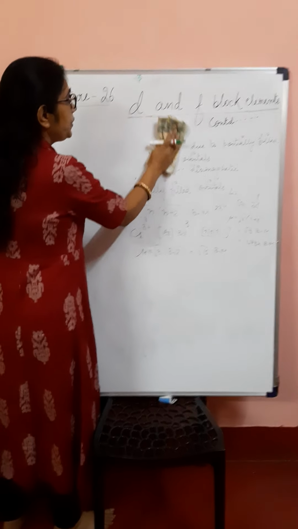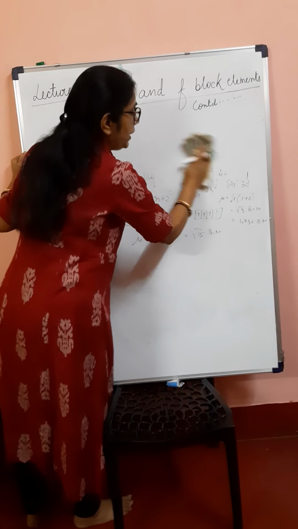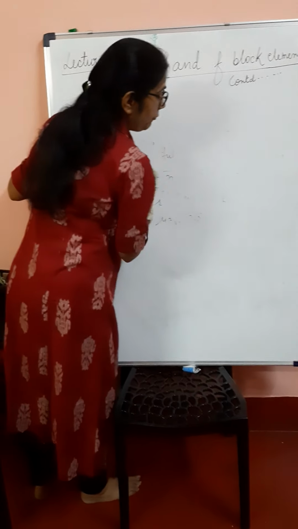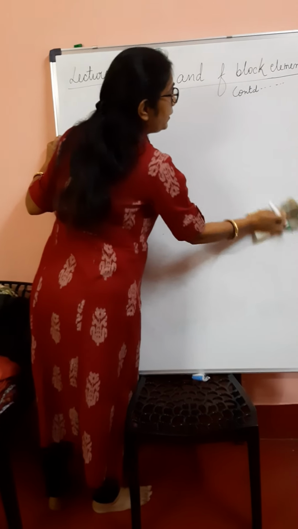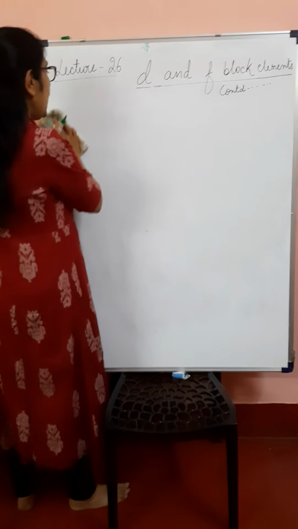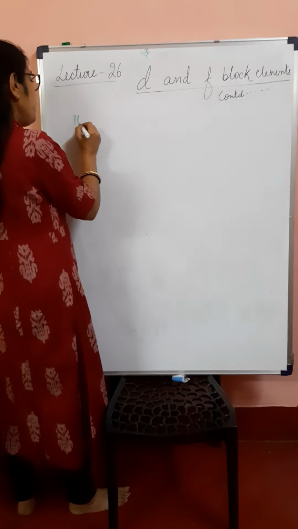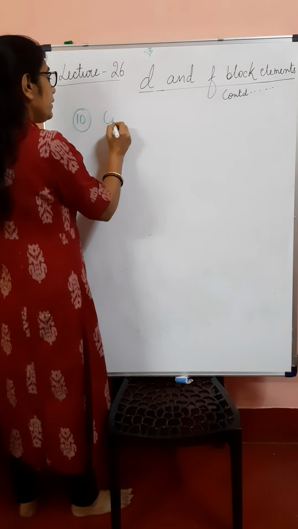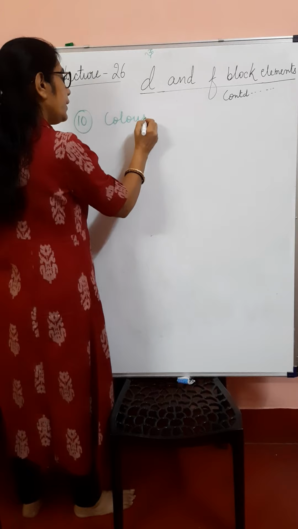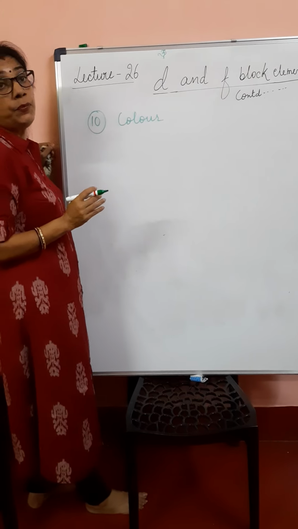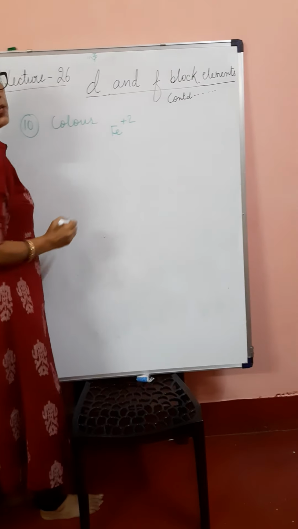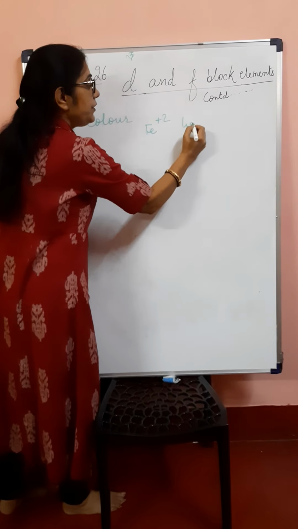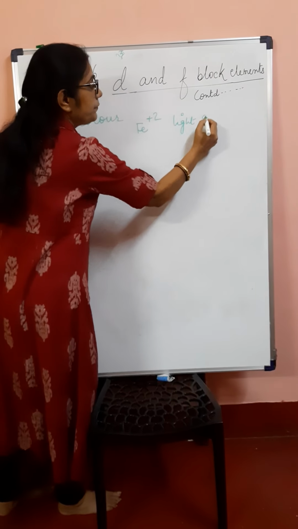So after magnetic properties, next we are going to discuss the color of transition elements. Most of the transition metals are colored. You have seen in the lab any salt of iron in +2, ferrous, it is light green in color.